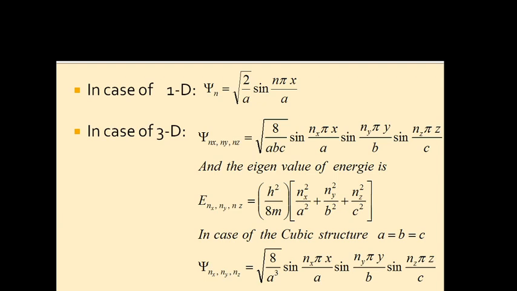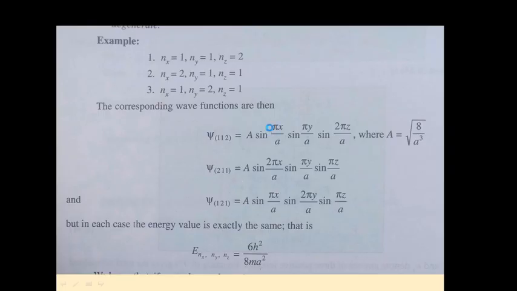Ultimately they give us the idea about the energy associated with it. If you find the eigenvalue of the function, then it would be h square upon 8m, nx square upon a square plus ny square upon b square plus nz square upon c square. So these two relations are the case of the three-dimensional case.